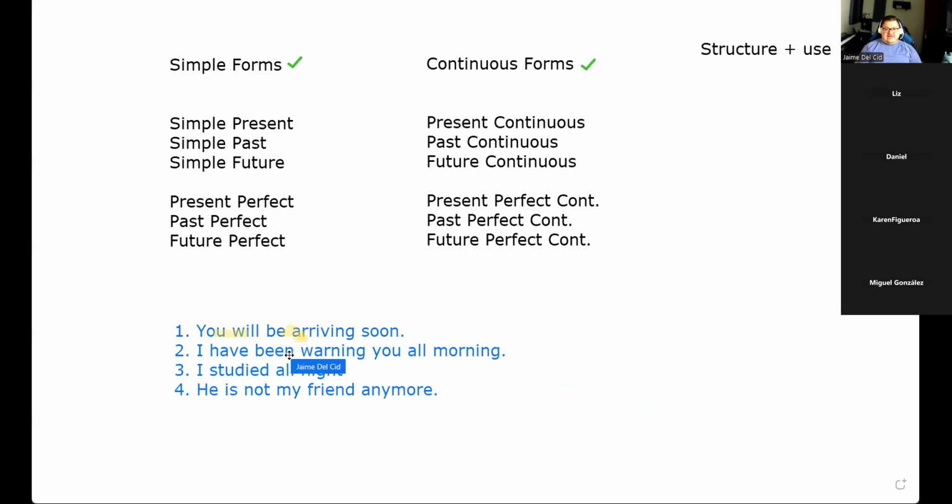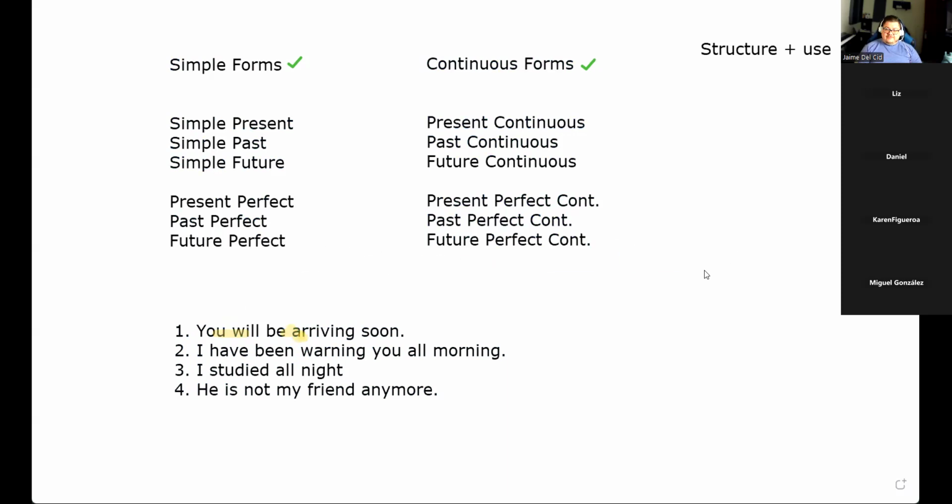Sorry, can you repeat that again? I kind of lost you. So can you read the sentence first and then tell me if it's a simple or continuous form? I studied all night. I think, no, sorry. I think we're confused. I asked you for number 2. Oh, sorry. I heard the third one.